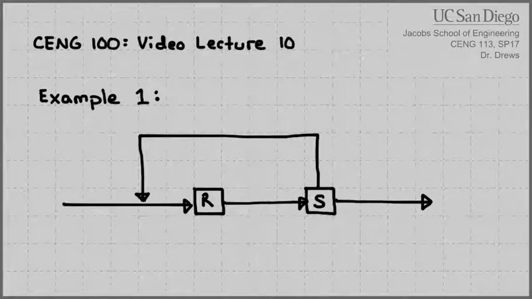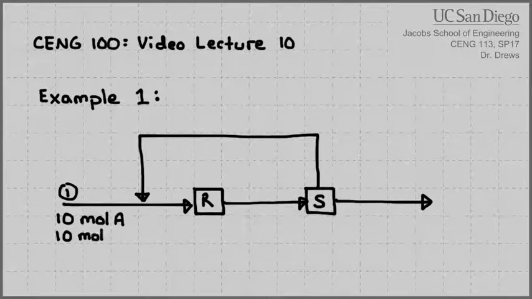So out here in stream 1, there's going to be 10 moles of A, and 10 moles of an inert that I'm just going to call I. Remember, inerts don't participate in our reactions, and so that's all that's going to be fed to our system.